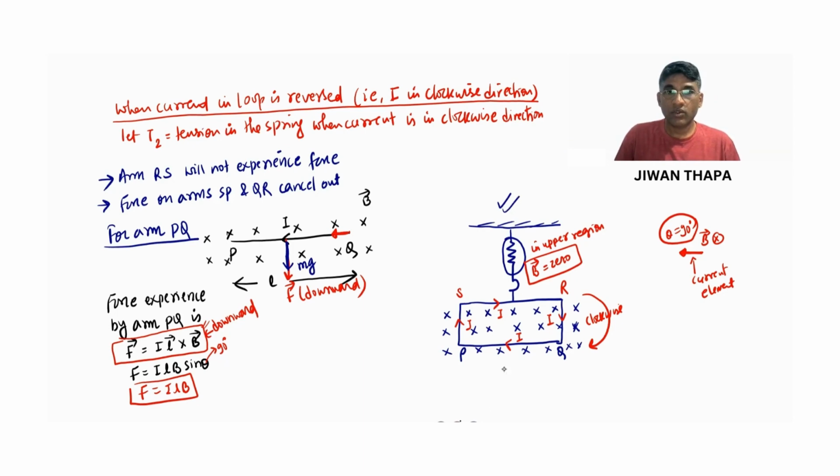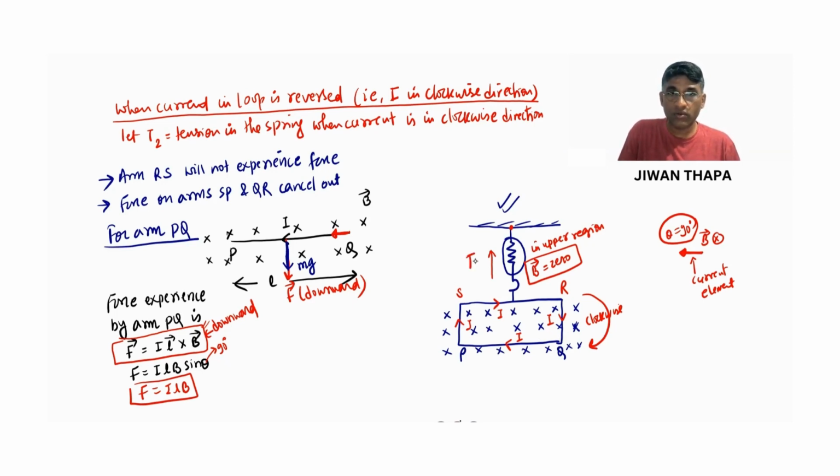We always find that tension in the string acts towards the point of suspension. So this is the point of suspension, and the tension in the spring when current is in clockwise direction is T2.